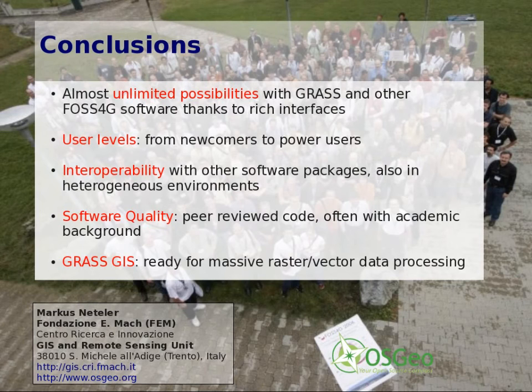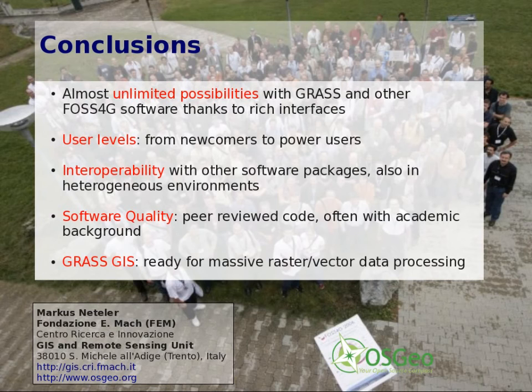Open source GIS software is addressing different user levels from newcomer to power users, and it is especially important to say that for heterogeneous environments with proprietary software, interoperability is very important. Many projects rely on interoperability libraries which are also used in proprietary software, the same library, and this is ensuring that data exchange is easy and straightforward.